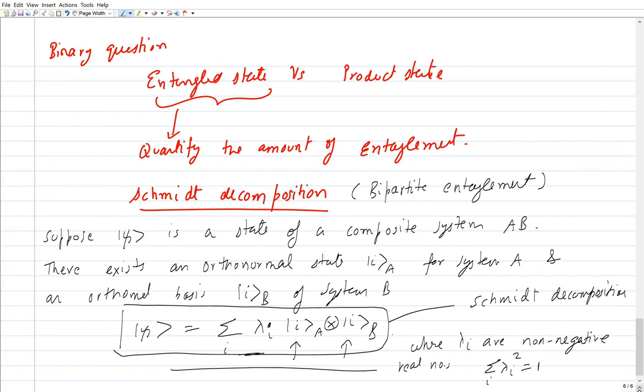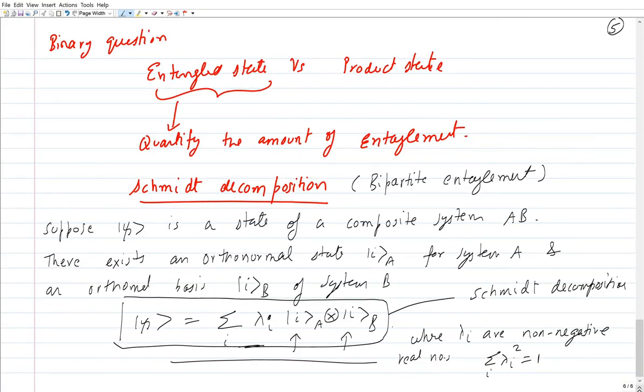So what did I do? Again, I can repeat that we started with a state psi, and any general state I would express as C_jk |j>|k>. By definition, I can write any state on a composite system AB as a linear combination, sum over j and k, of tensor products over these two vector spaces.